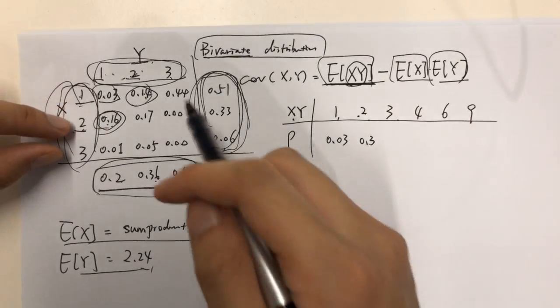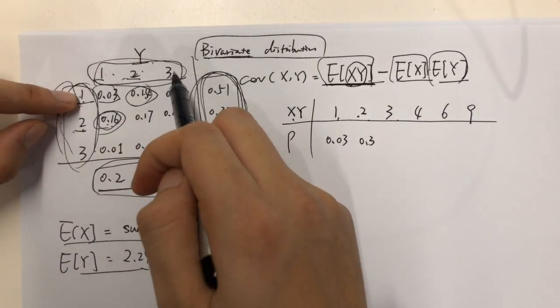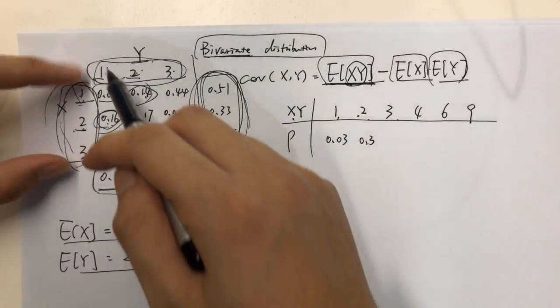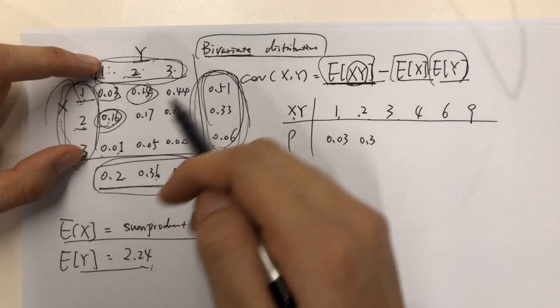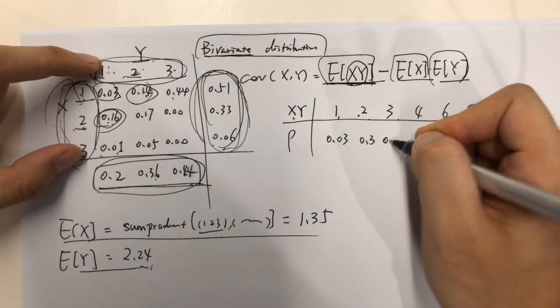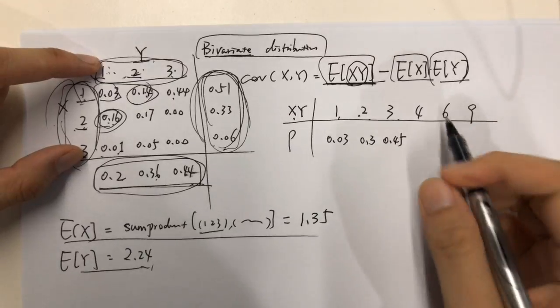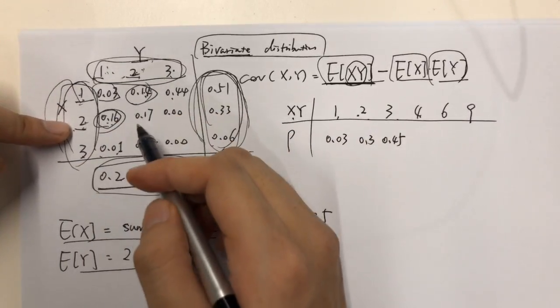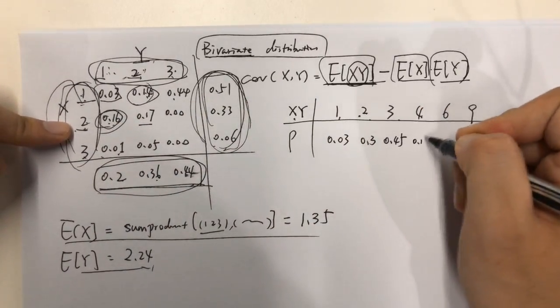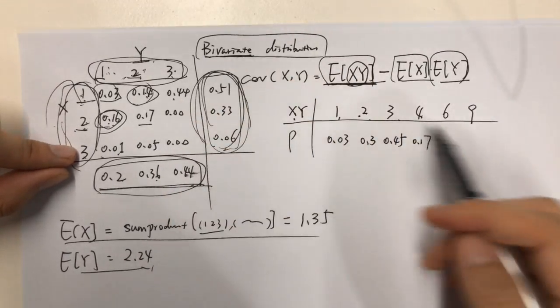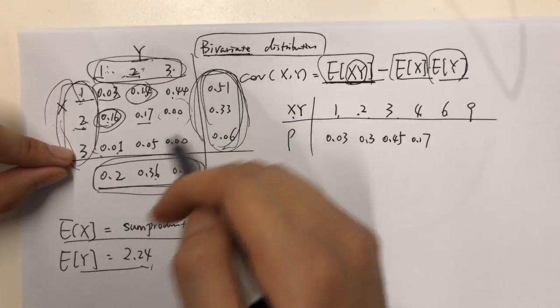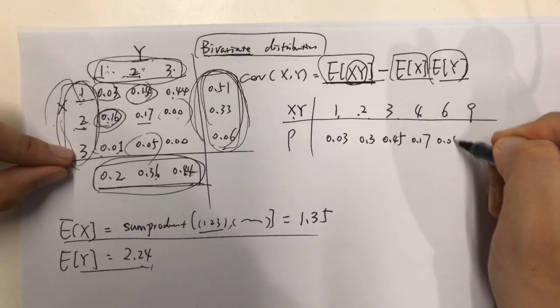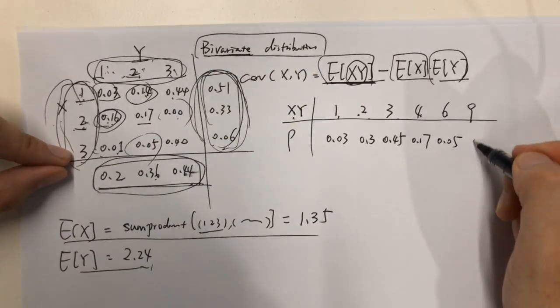And if it is 1 times 3 and 3 times 1, it's going to be 0.01 plus 0.44, which is 0.45. And 4 is 2 times 2, which is 0.17. And just like that, 6 is 2 times 3 or 3 times 2, 0 plus 0.05, which is 0.05, and 3 times 3, 9, is 0.